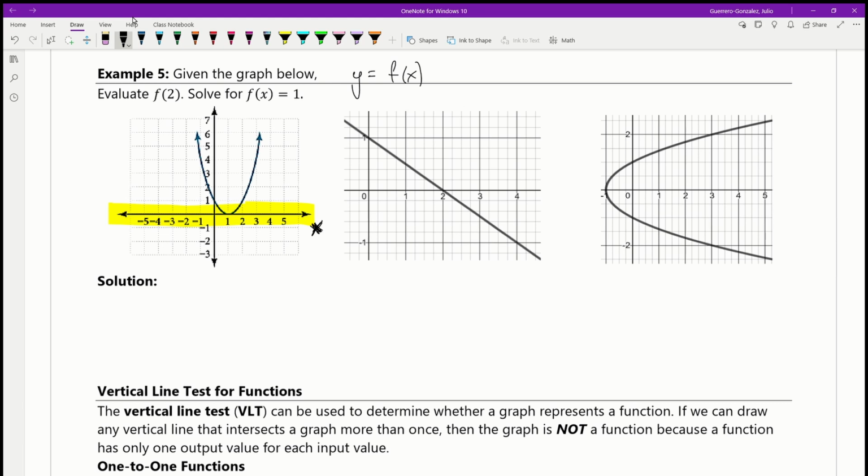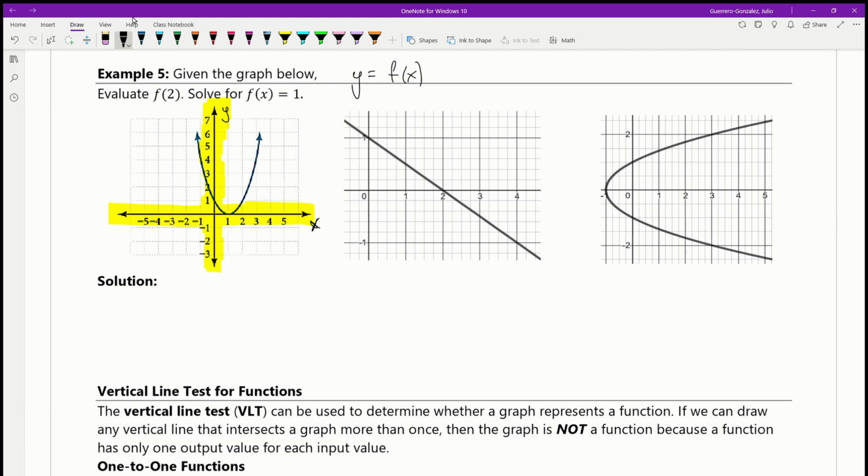And on the vertical axis, the one that goes up and down, those are going to be my y values. This is how we orient ourselves when we want to put the relationships of these functions down on paper.